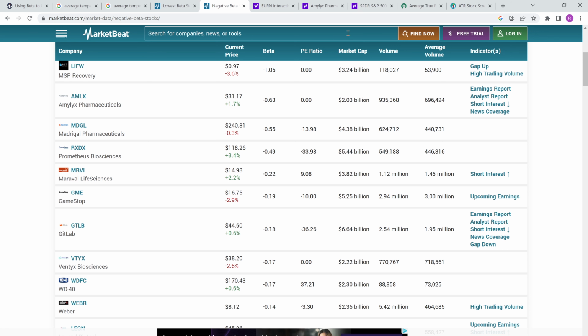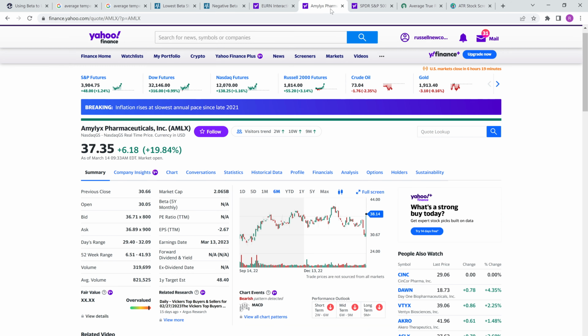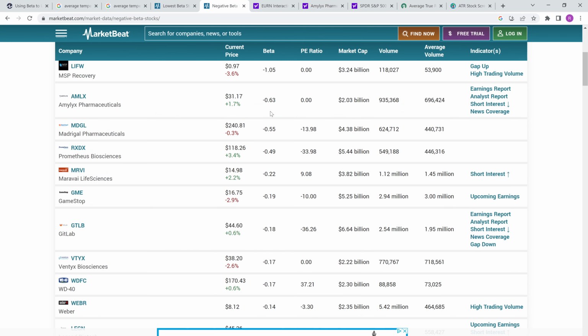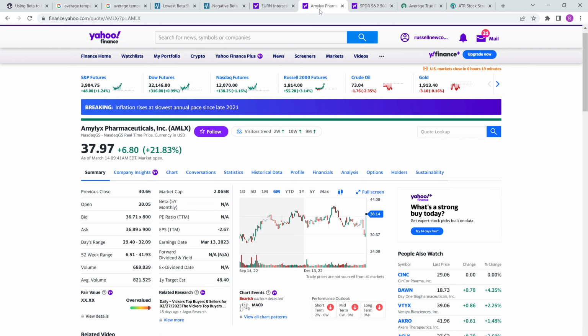Sorry, I tried to keep that over a million. So here's the stock. The first thing is, since it's negative beta, negative 0.63, Yahoo reports it as NA.